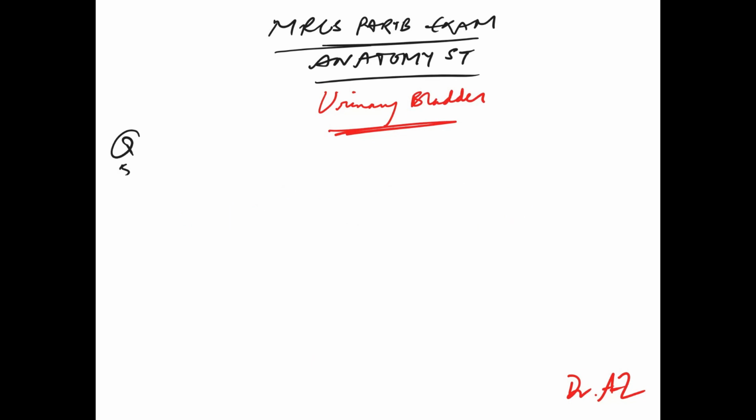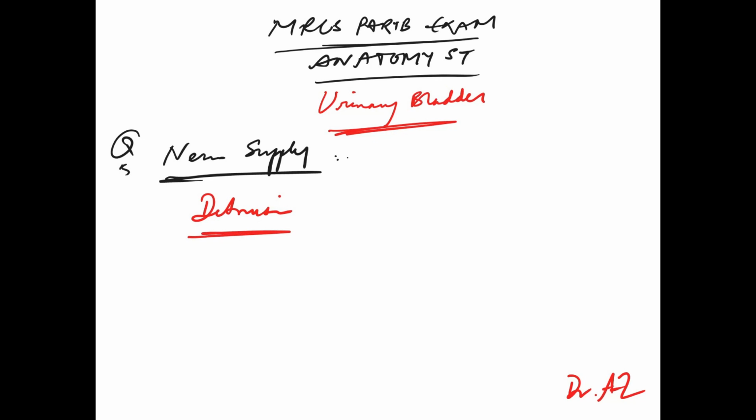The fifth question is going to take you to the nerve supply, and here they may ask you what is the muscle of the bladder, and you may mention it by yourself. They do not focus on this, but as you know, it is the detrusor. Regarding the nerve supply of the detrusor muscle, what do you know about it?